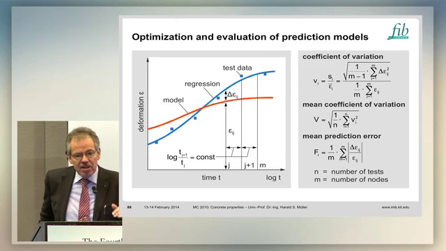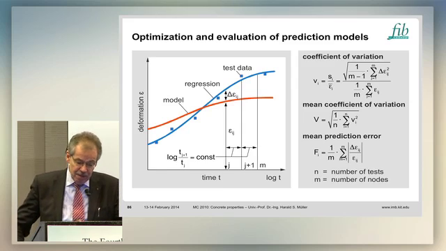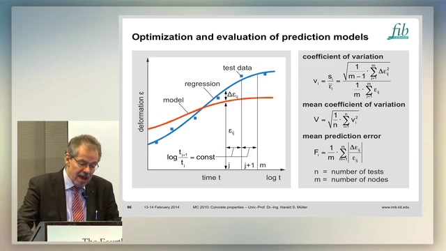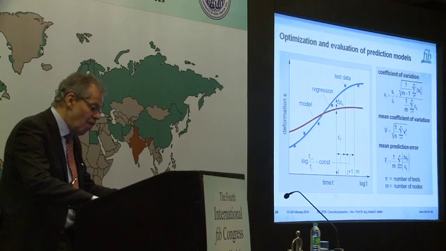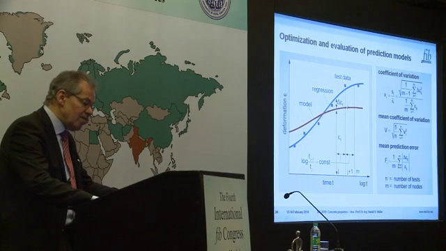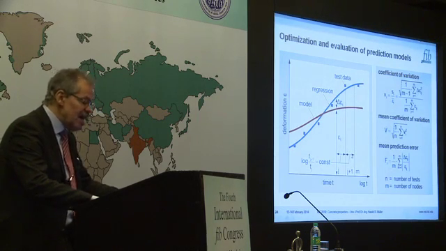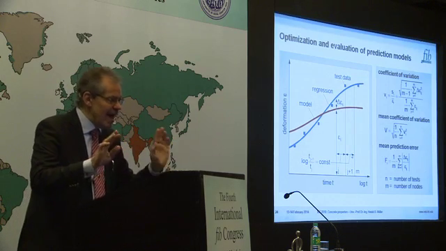This optimization and the background is shown here in this figure where I have plotted strain deformation over time. And you see here, for example, the test data and some regression line which may be hand smoothed. Then we calculated the deformations for certain points in time being equidistant in a log scale for the time development.